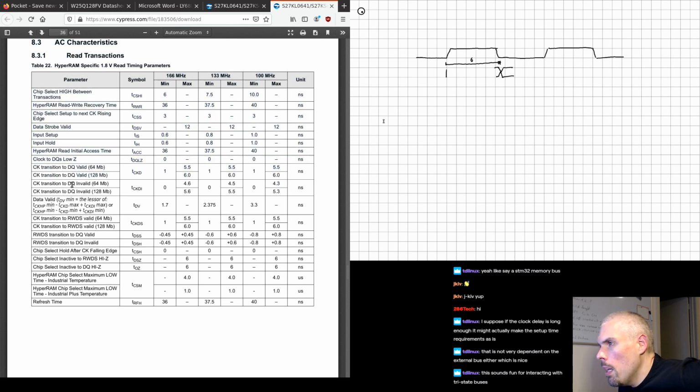And it becomes invalid a minimum of 0 nanoseconds after the clock edge. So it becomes invalid starting from here, before it potentially becomes valid, which means our data valid window is negative. So there is absolutely no time whatsoever on the bus where you can be guaranteed that the data is there.